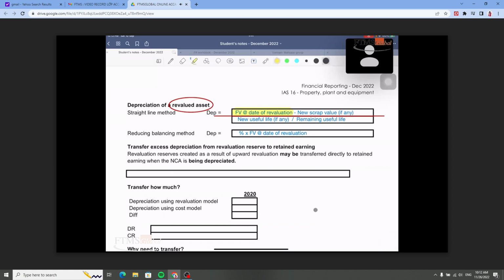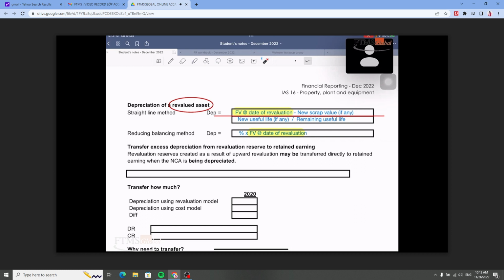I will use the fair value at date of revaluation. That's what you should do if you want to calculate depreciation of a revalued asset. Which is quite logical. After you do revaluation, obviously I will not use my cost anymore. If you still want to use your cost, then what's the point of doing revaluation? So that is this part on depreciation of a revalued asset.